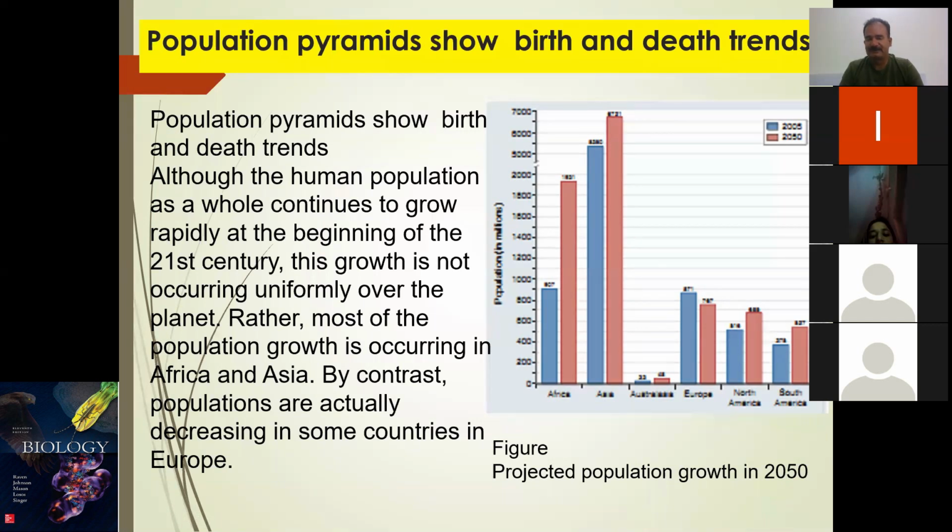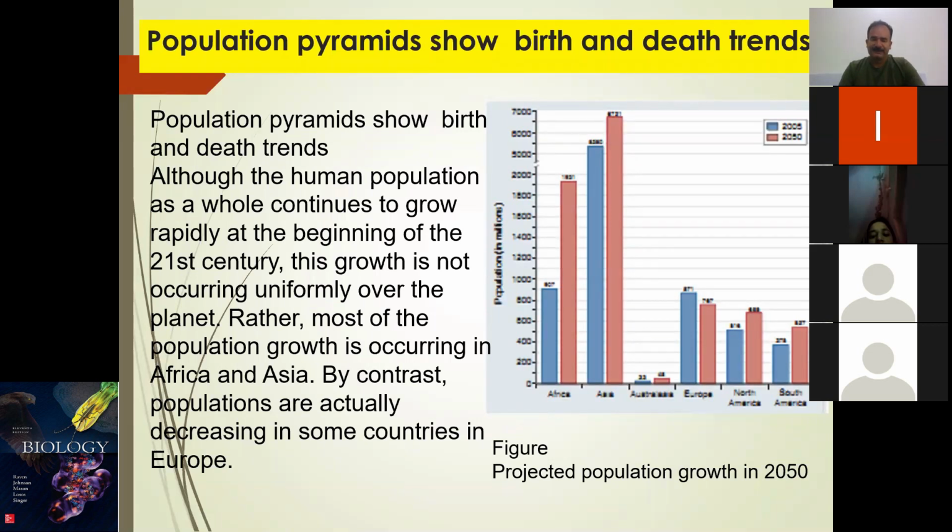It will be followed by Africa, then Europe, North America, and South America. Minimum population increase will be reported from Australia. Australia, you know, is occupied by Europeans. Now, most of the inhabitants of Australia belong to Europe.